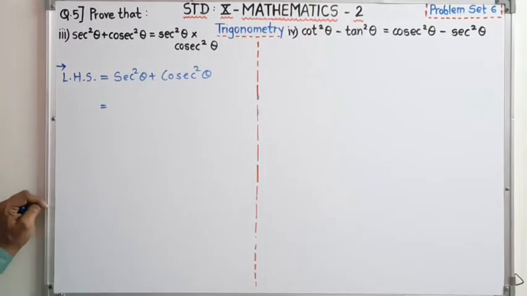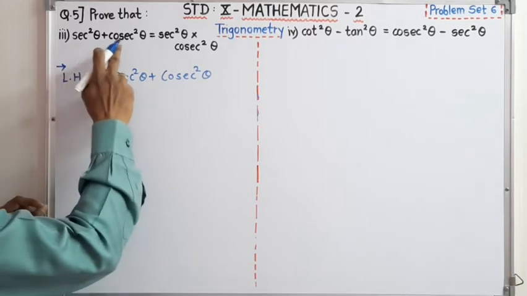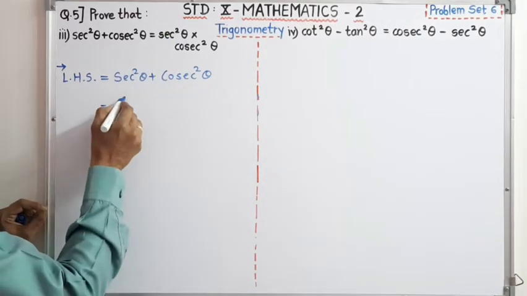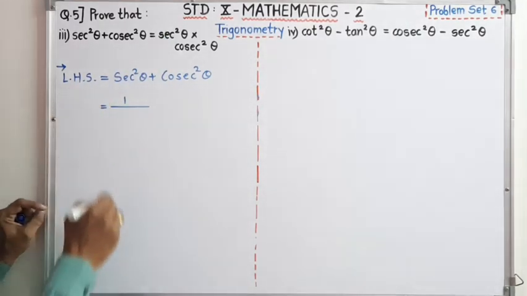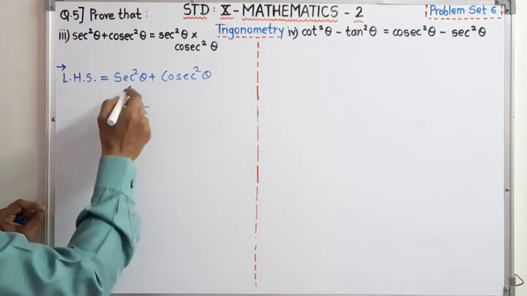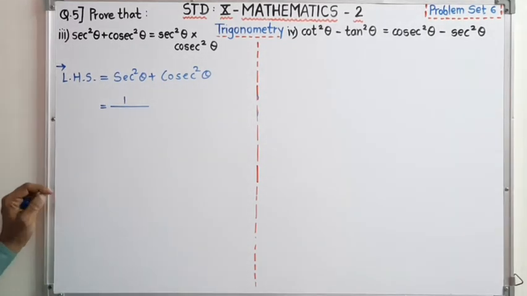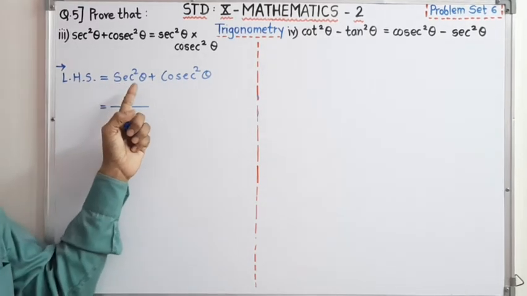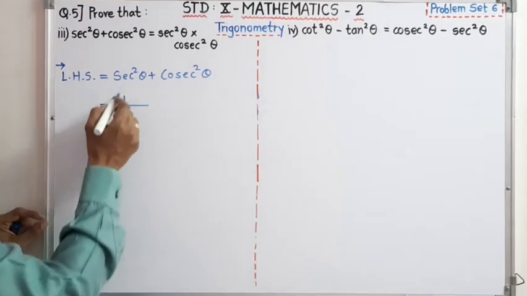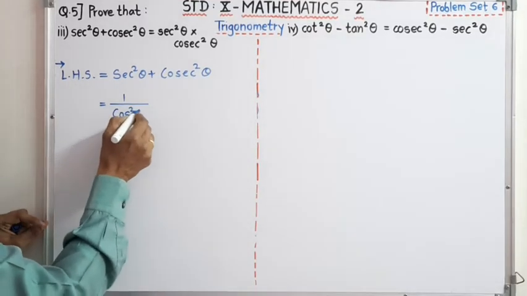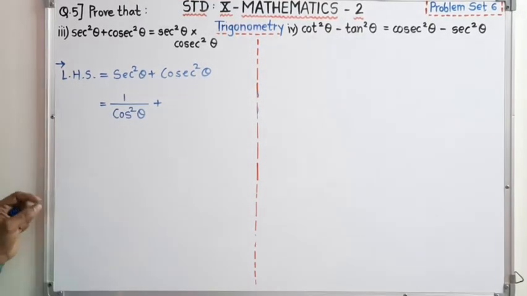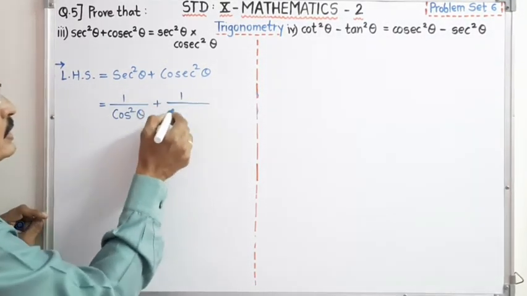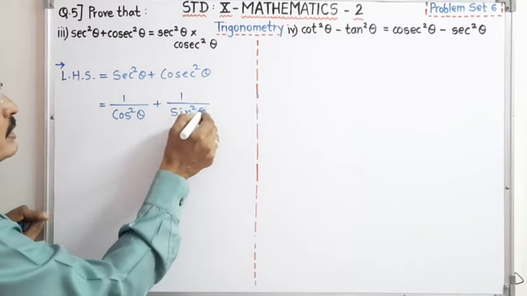Now sec square theta we can convert into 1 upon cos square theta, plus this cosec square theta we can write in terms of sin theta, that is 1 upon sin square theta.